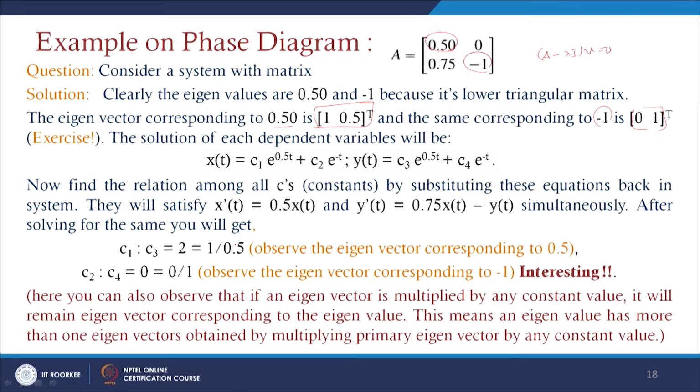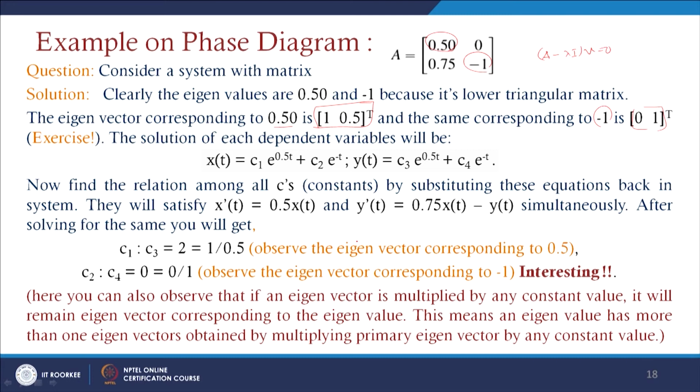Similarly, C2 by C4 is 0 by 1 itself, and you can find that the eigenvector corresponding to minus 1 is 0 and 1, and the eigenvector corresponding to 0.5 is 1 and 0.5.